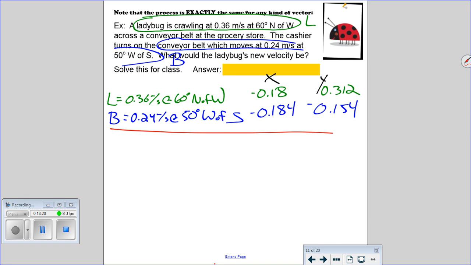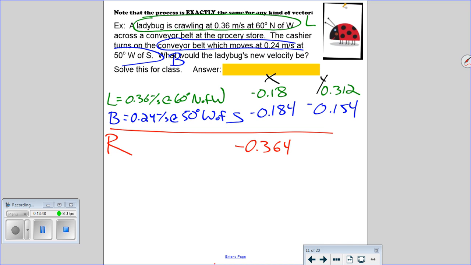So the combined effect of the ladybug's legs plus the motion of the belt gives a resultant x motion of negative 0.364. I just added those, right? The legs are carrying him to the left 0.18 meters. The belt is carrying him an additional 0.184 meters for a total of 0.364 meters. Every second, he's going to go that way, that far.